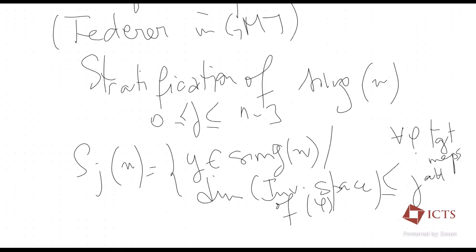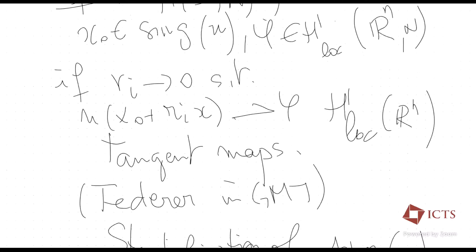It's technical to explain, but what Federer understood is that what best describes the singularity are the subspaces which leave these tangent maps invariant. So you pick a point on the singular set, you blow it up by rescaling this way, and you get a tangent map.